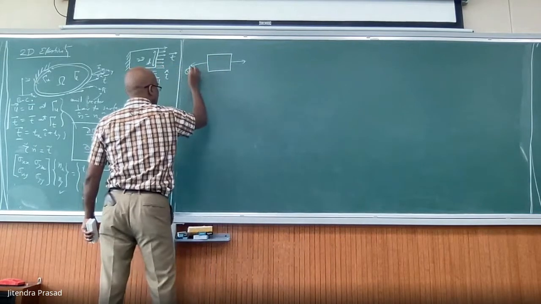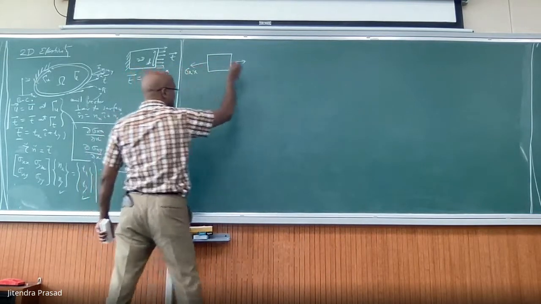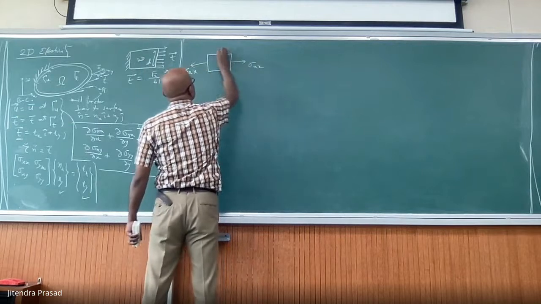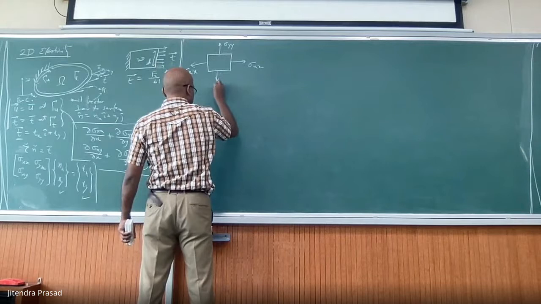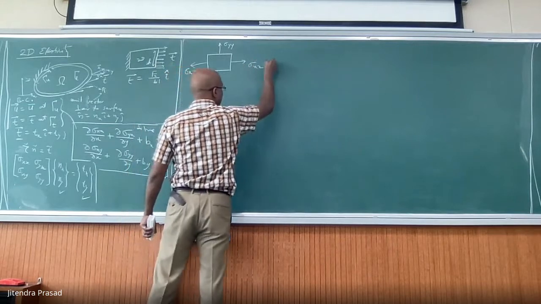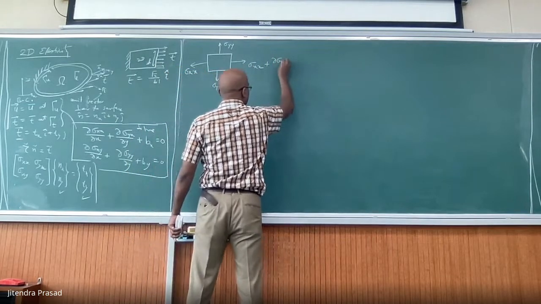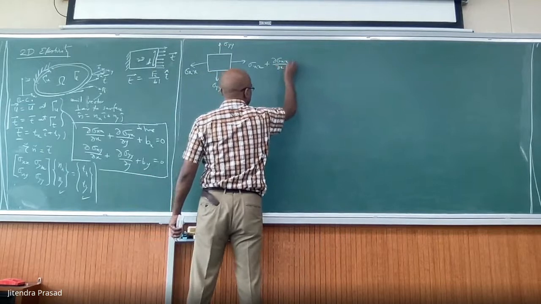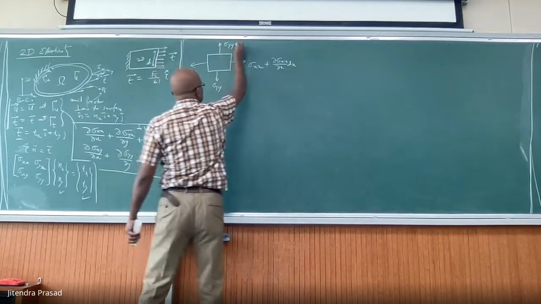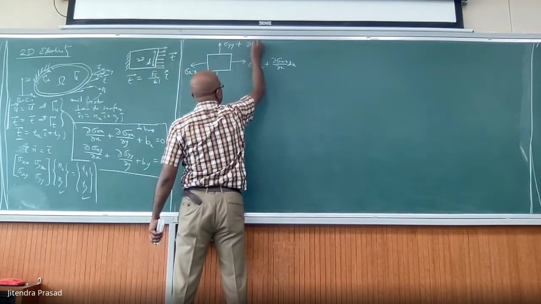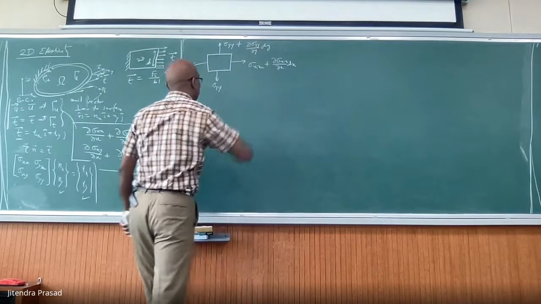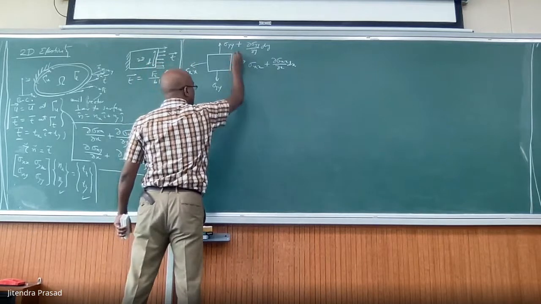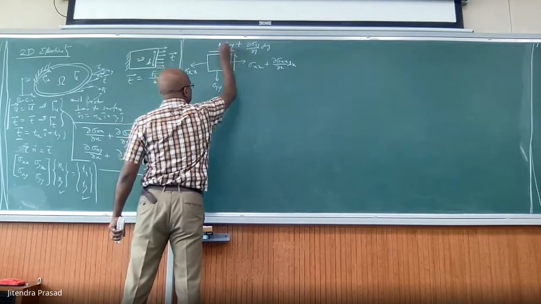As we wrote yesterday, we have sigma xx and sigma yy, and on the opposite faces sigma xx plus del sigma xx over del x dx, and sigma yy plus del sigma yy over del y dy, and then you have the shear terms.